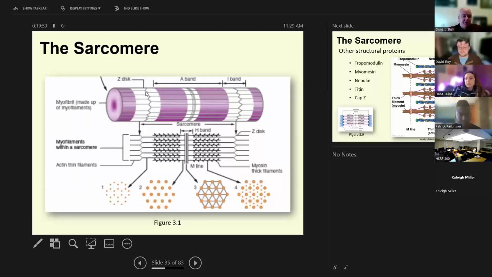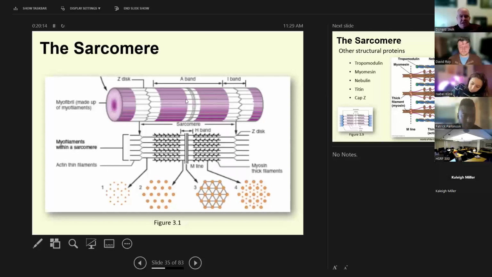It's pretty clear. So basically, you've got a Z line. The I band is this area here that's thin filaments that are not overlapped by thick filaments. Your A band is basically the thick filament, so the whole thick filament is your A band.